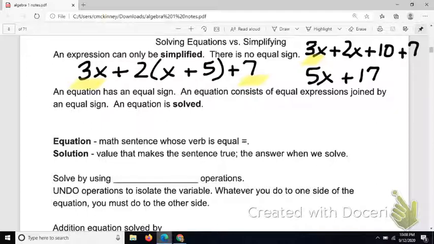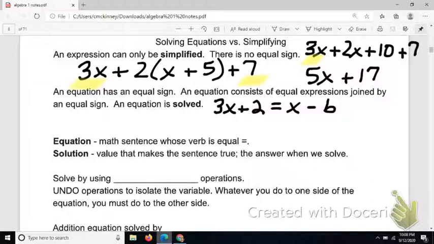So an equation could be something like 3x plus 2 is equal to x minus 6. Both sides are expressions and they're set equal to each other. Our goal would be to find out what value of x would make this true.